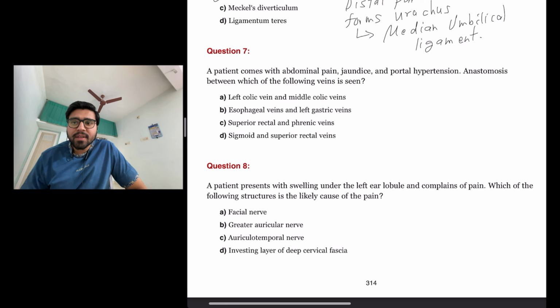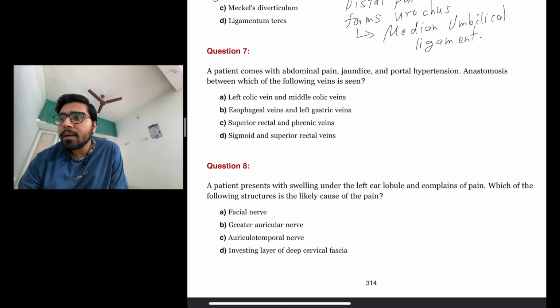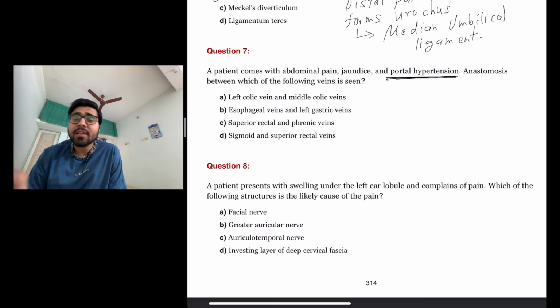The next question is: a patient comes with abdominal pain, jaundice, and portal hypertension. Anastomosis between which of the following veins is seen? So this is the case of portal hypertension. Let us look at the options and then decide what can be the answer. So the first option is left colic vein and middle colic veins.